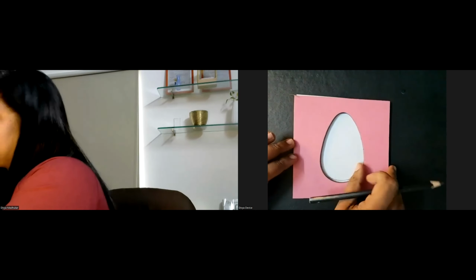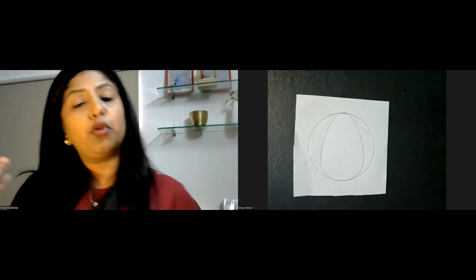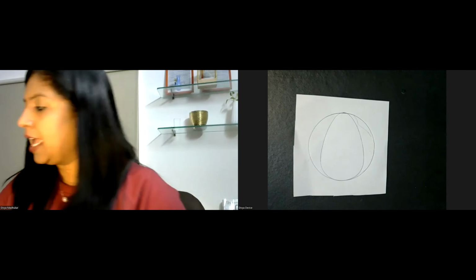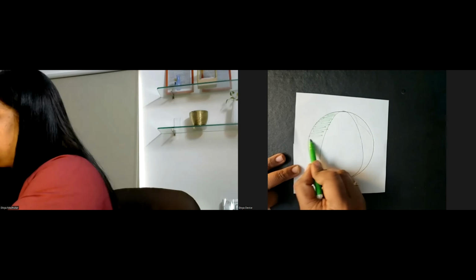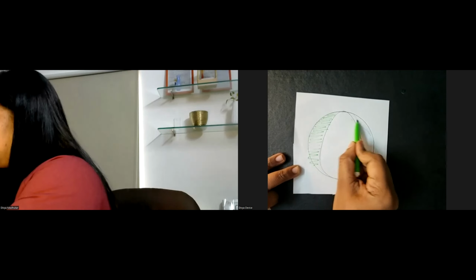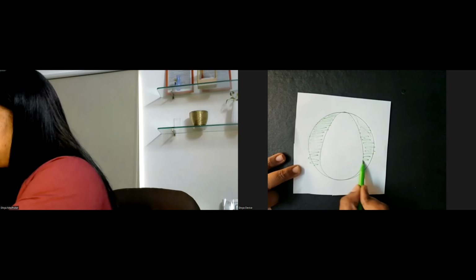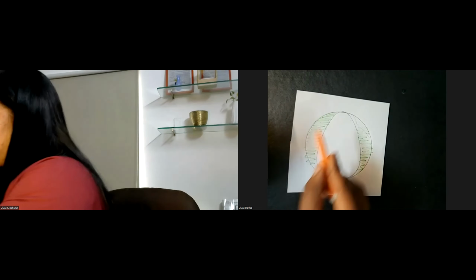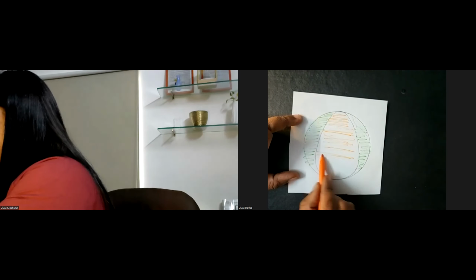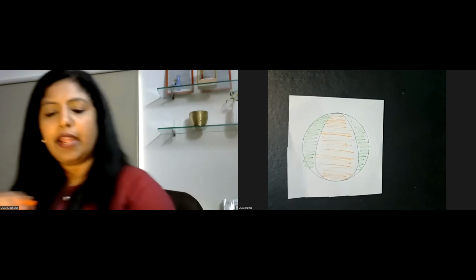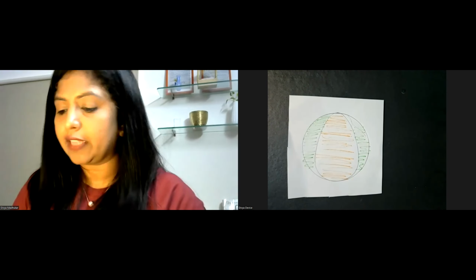So this is my second stage, wherein I'm using two different shapes, and then I can fill the shape with one color and color the inner part with a different color. So I can help the children to work in that particular way.